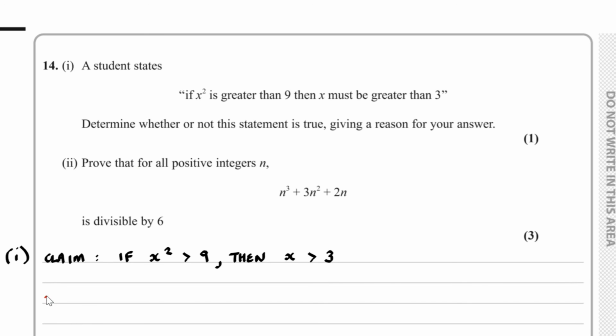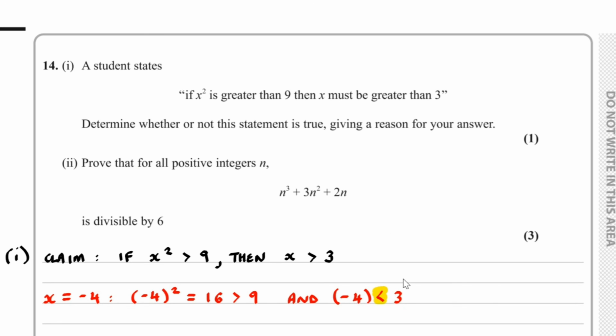For example, if we have x equaling -4, then -4 squared, which is 16, that's greater than 9. But -4 is less than the 3.